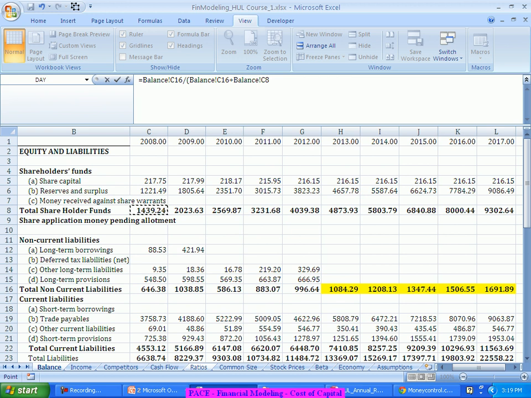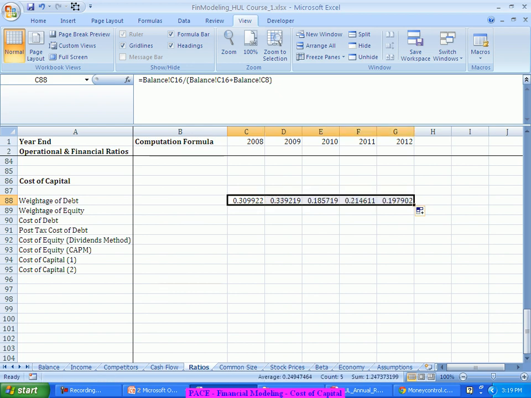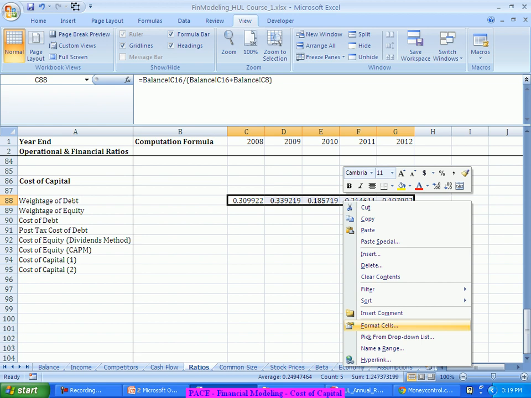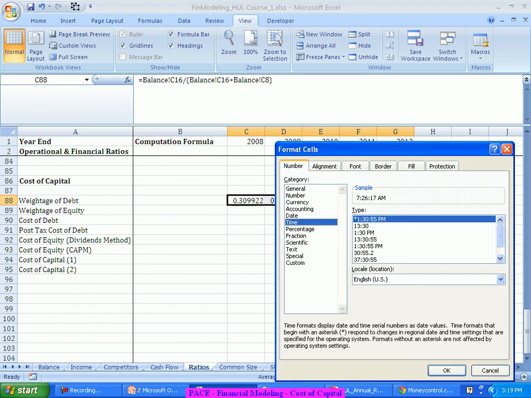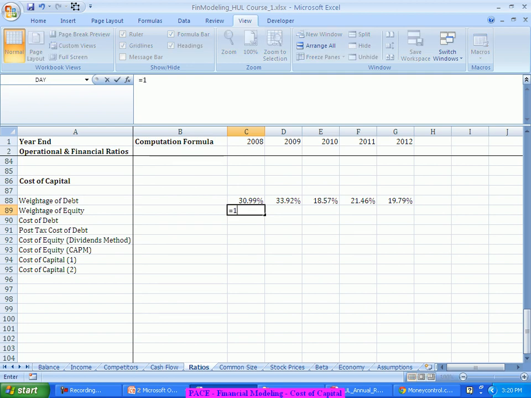Equity I include the retained earnings also. So 30% was there as a part of the debt, but over a period it has come down. So this is the proportion of debt. Weightage of equity will be 1 minus the weightage of debt. You don't need to calculate it separately. So 69% was equity here, and obviously around 80% was the equity in this year.